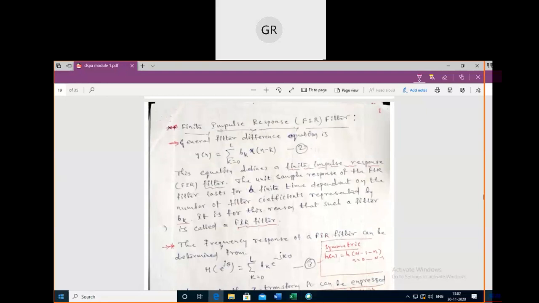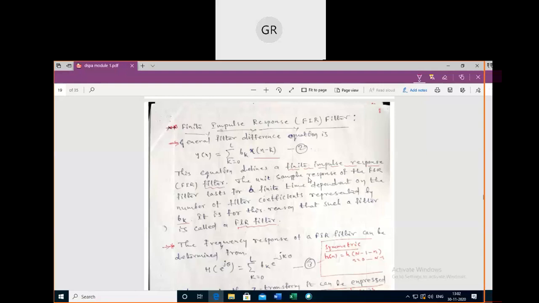Now the finite impulse response. What is meant by a finite impulse response? It depends only on the present inputs. There is no feedback, which means it does not depend on previous outputs.